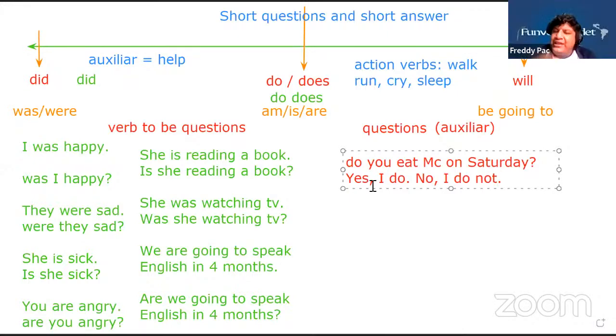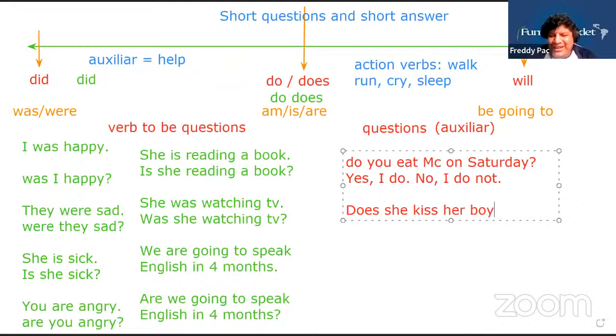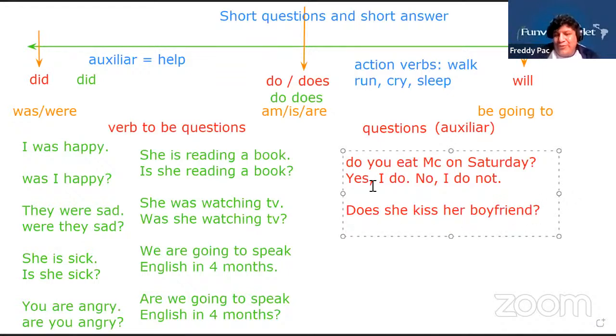For example, if it is in third person, does she kiss her boyfriend? It is a question. So, what is the answer?